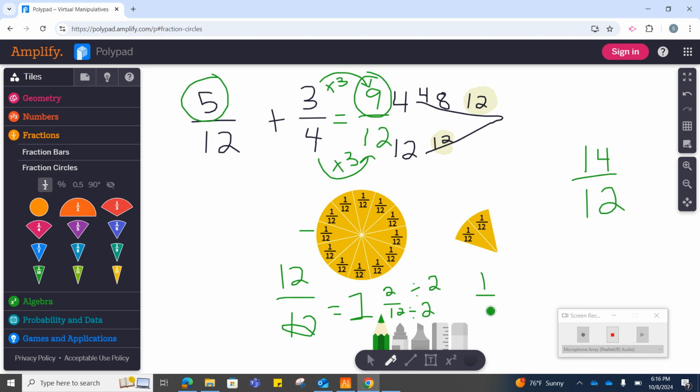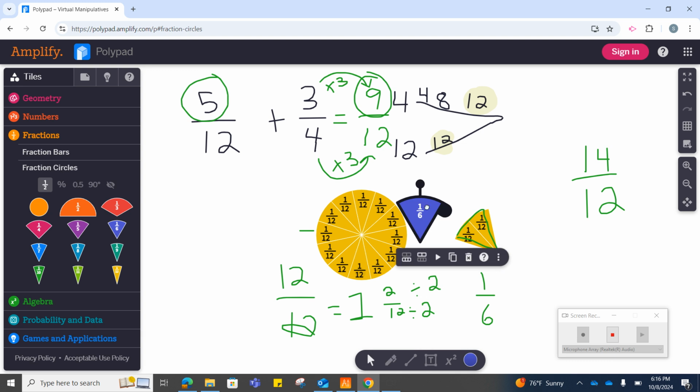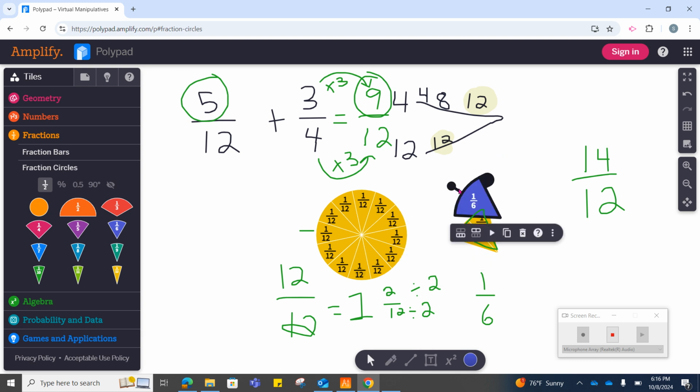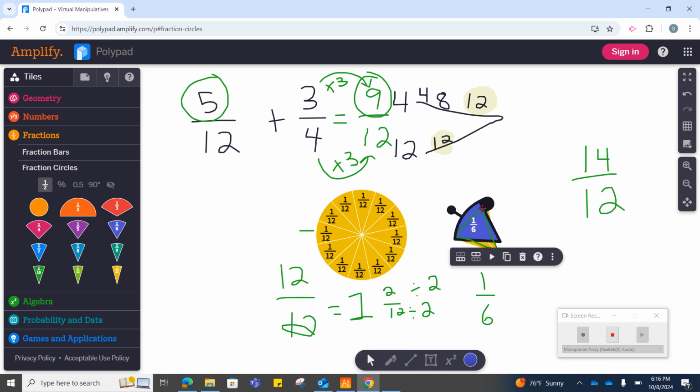Okay? Because this is all the same as 1/6. If you don't believe me, you can see the same thing here.